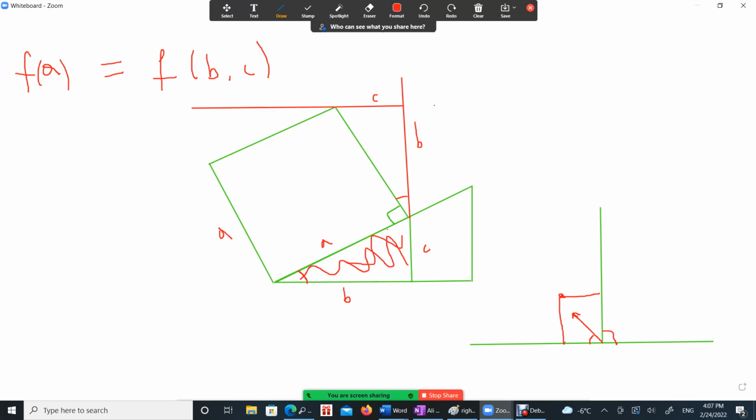So here we're trying to do it as much as possible to scale.